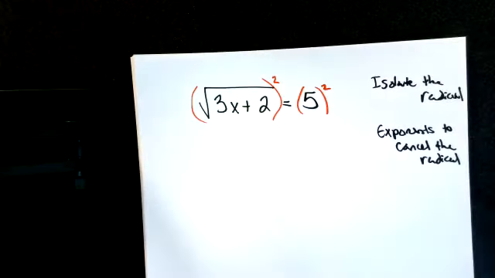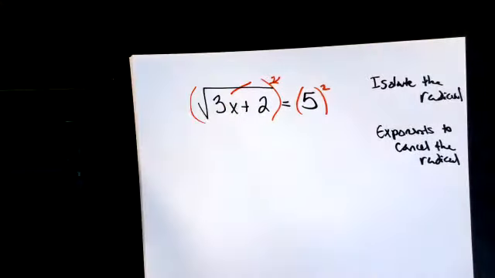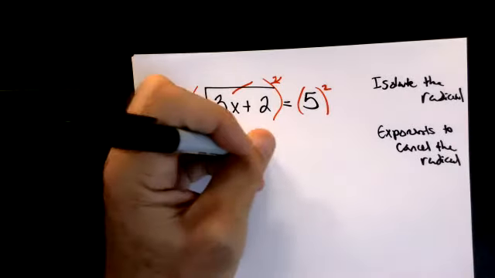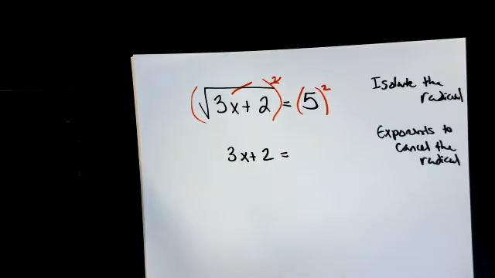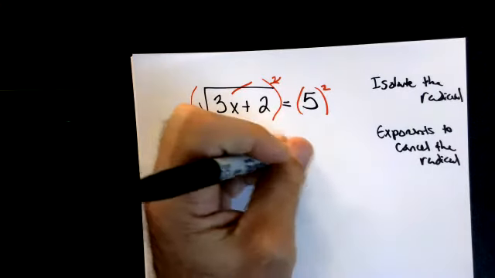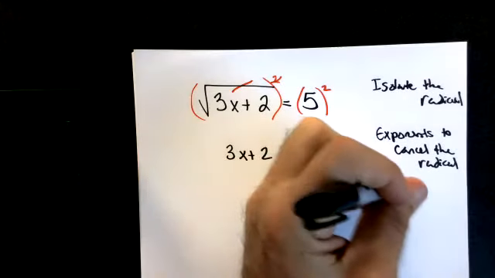So we would square both sides. Squaring a square root, get rid of it. So that's going to leave me with just what was inside. And then 5 squared is 5 times 5. That would be 25.